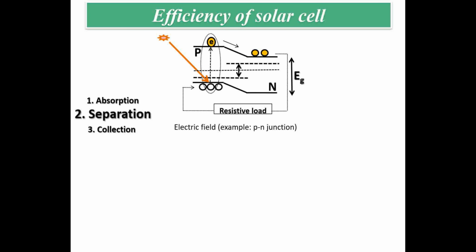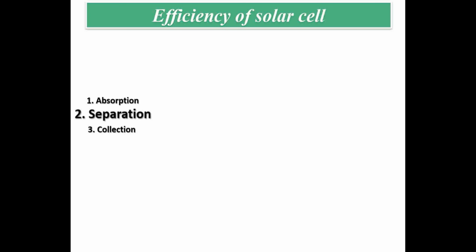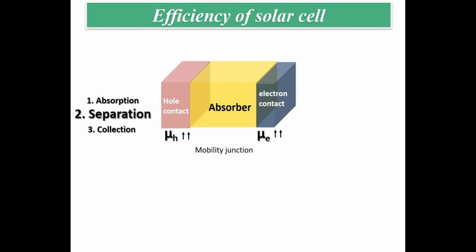Now the other mechanism is the mobility junction. For example, perovskite with ETL and HTL layers. You have an absorber perovskite layer, and the ETL layer has a huge electron mobility. Any electron hole pair in the vicinity of the ETL junction, that electron will get transferred to the ETL layer and move with high velocity due to the high mobility.